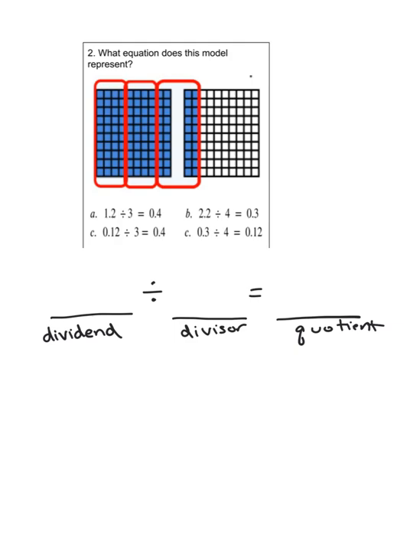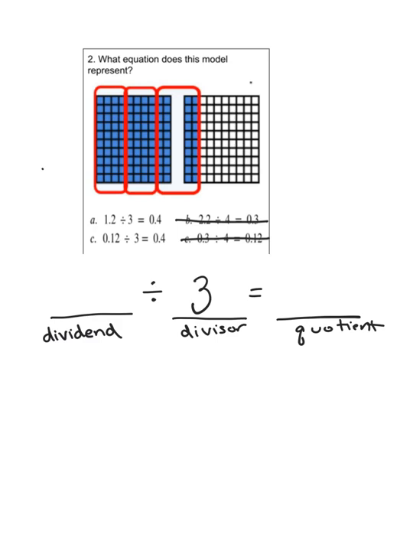So in this model, we have some total, and I don't know what value this represents quite yet because I haven't counted it up, divided by 1, 2, 3. So I'm going to go ahead and plug in our dividend divided by 3 equals our quotient, and that will eliminate choices B and C. Now let's look at choice A. Looks like there's a typo here, wonderful.